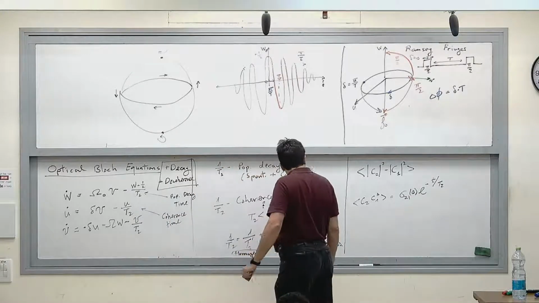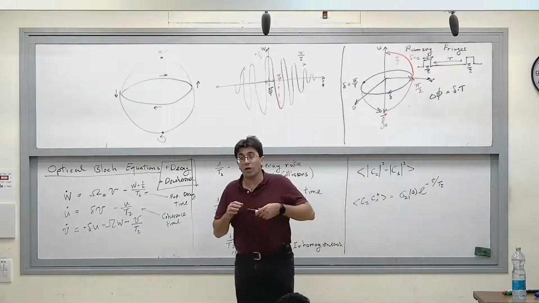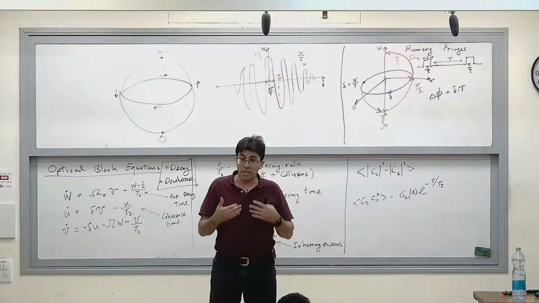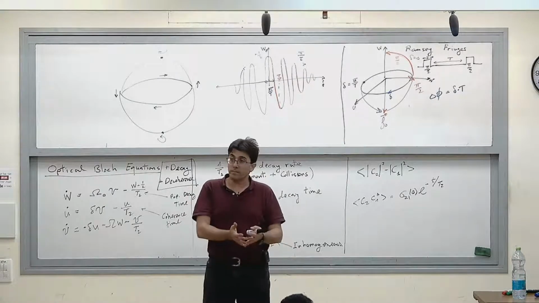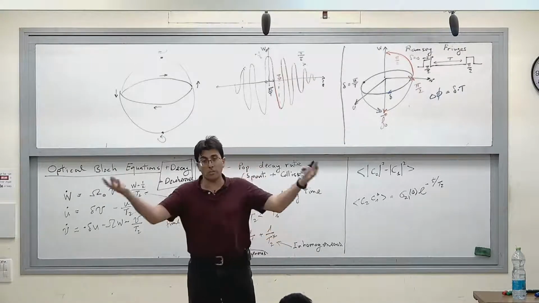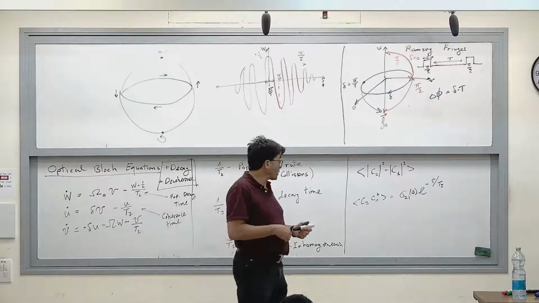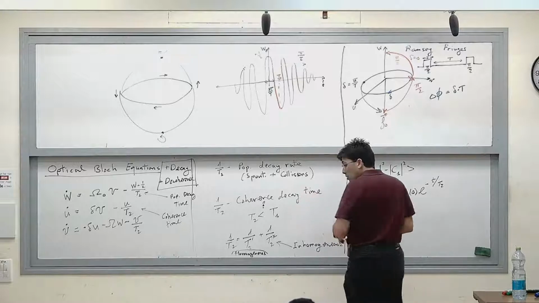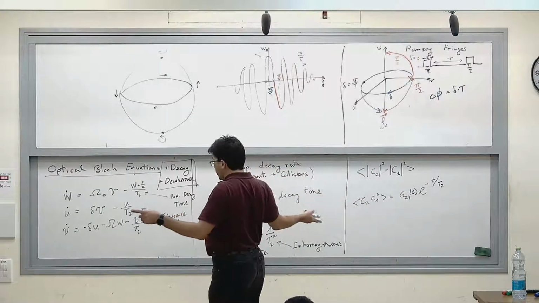So what we see is that because of inhomogeneity of the velocity, some atoms are standing, some atoms are moving, and this is a thermal distribution, so we have all kinds of velocities. Some atoms are running forward in the UV plane. Some atoms are running backwards in the UV plane.